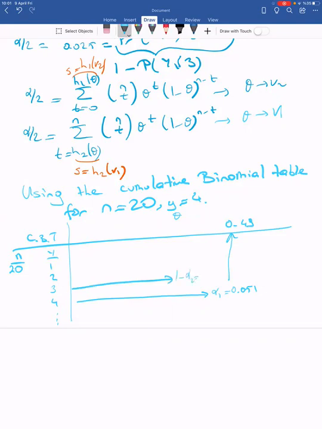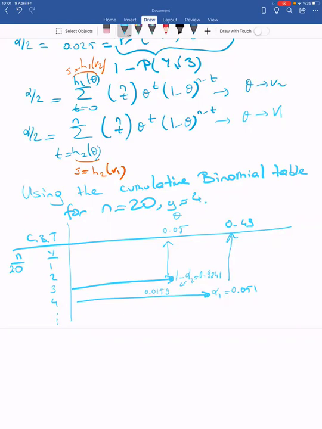So we obtain 0.9841. These are the closest values that we get. So alpha 2 value is 0.0159, and in that case our theta value is 0.05. So using these cumulative probability values, we find approximately 0.025 values. These are the closest values to 0.025.